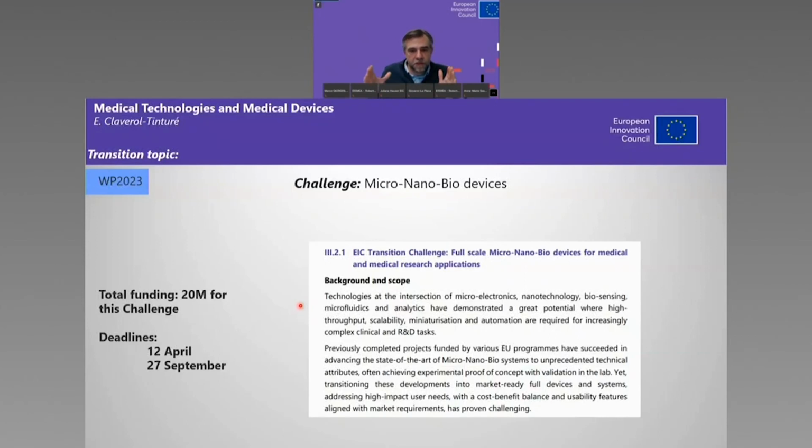So the call text starts: the technologies at the intersection of microelectronics, nanotechnology, biosensing, microfluidics, analytics. So you can see this is very broad. We deliberately wanted to keep it very broad. They have demonstrated a great potential where high throughput, scalability, miniaturization, automation are required for increasingly complex clinical and R&D tasks.